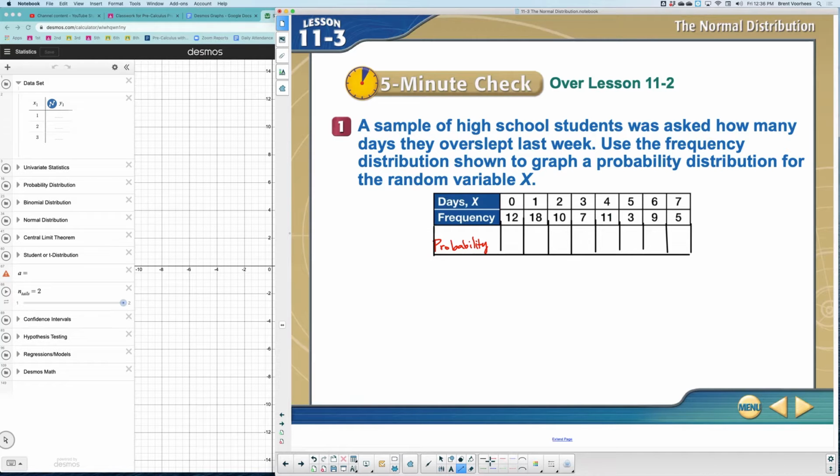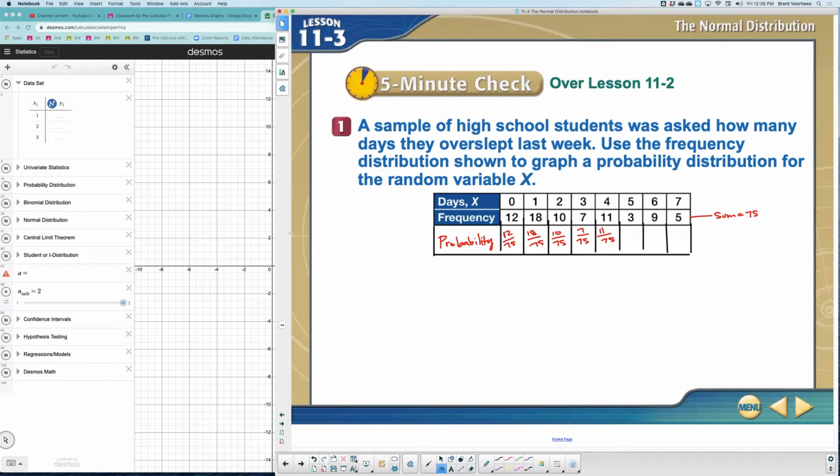So if I have my values correct as we go across, the probability of each one, in this first case, would be 12 divided by 75. This one would be 18 divided by 75. The sum I got was 75, and hopefully if we go down it does in fact equal 75. 30, 40, that would be 47.